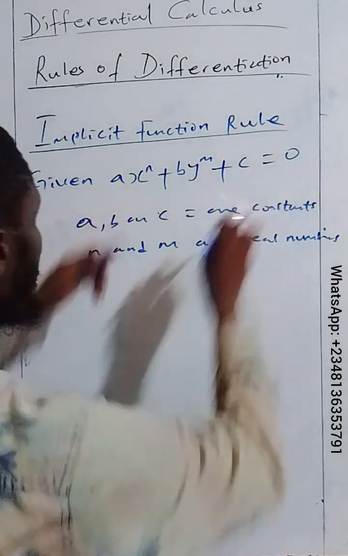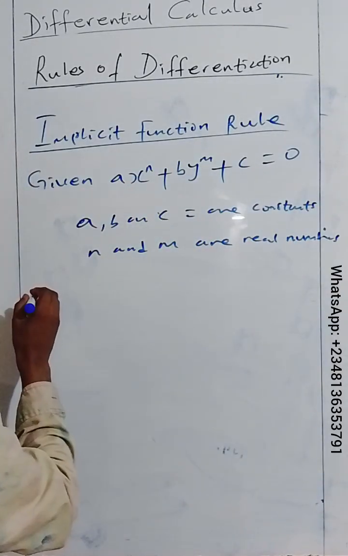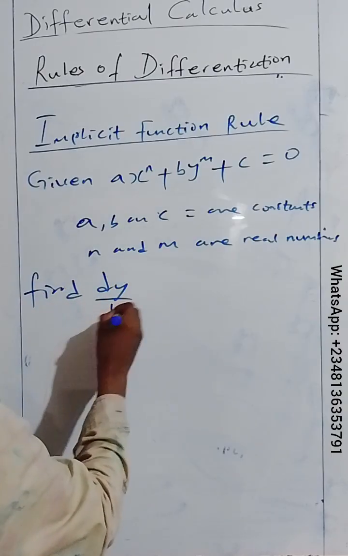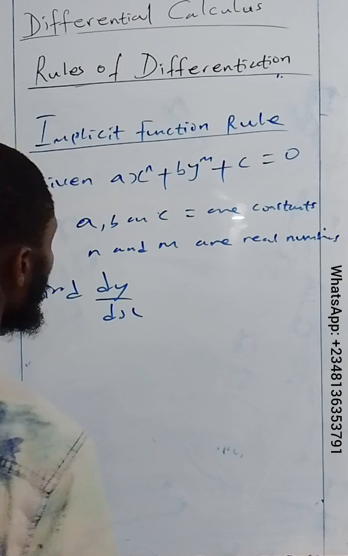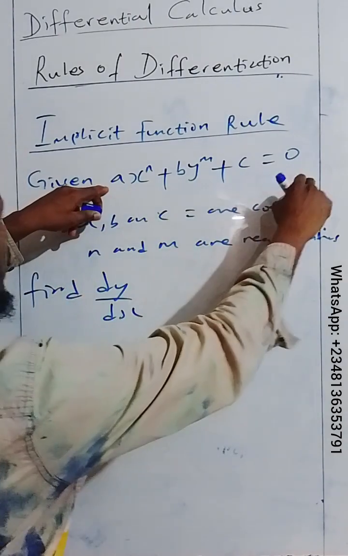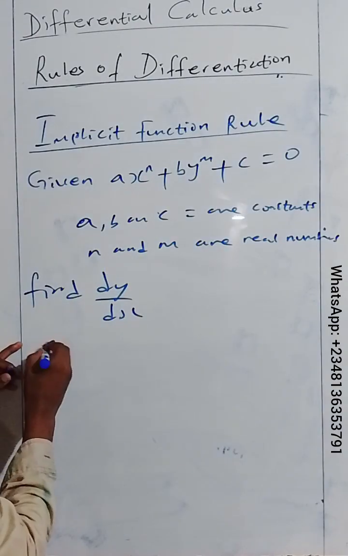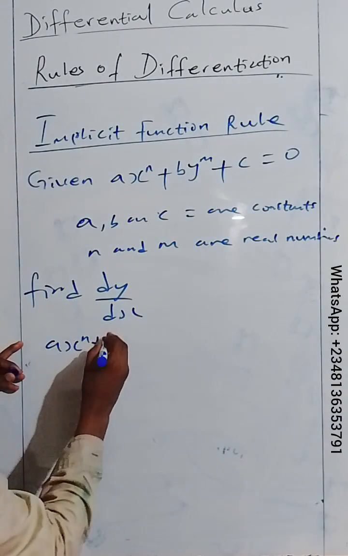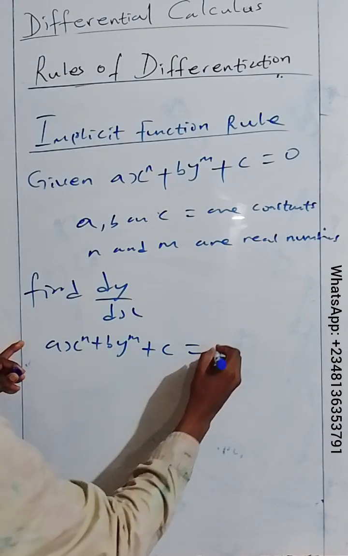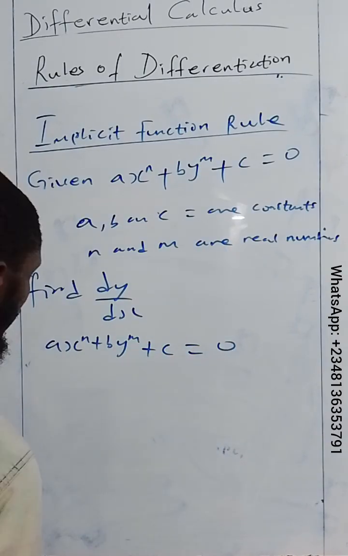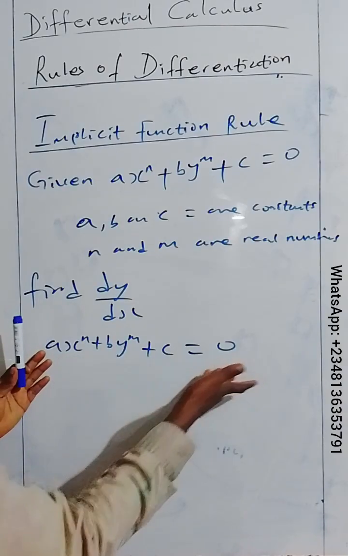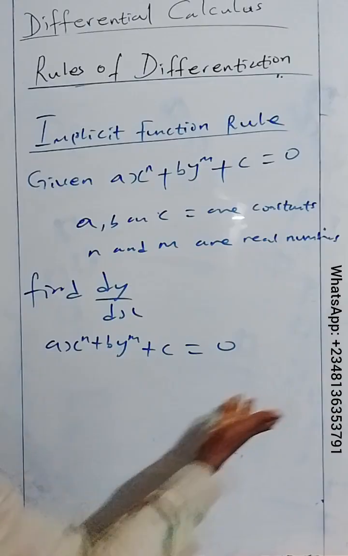Now, as we are given this and asked to find dy/dx, that's the derivative, how do you do that? It's very simple. The rule says that given a x raised to the power n plus b y raised to the power m plus c equals 0, we are going to differentiate each of the components with respect to x.